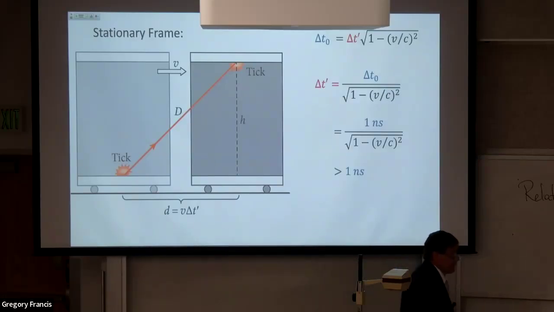So if you're in that container with the clock, if the clock's not moving relative to you, you think the time between ticks is only 1 nanosecond. But someone looking inside from the sidewalk says, oh no, the time between ticks was longer than 1 nanosecond. So someone on the sidewalk is going to say, hey, your clock's running slow.